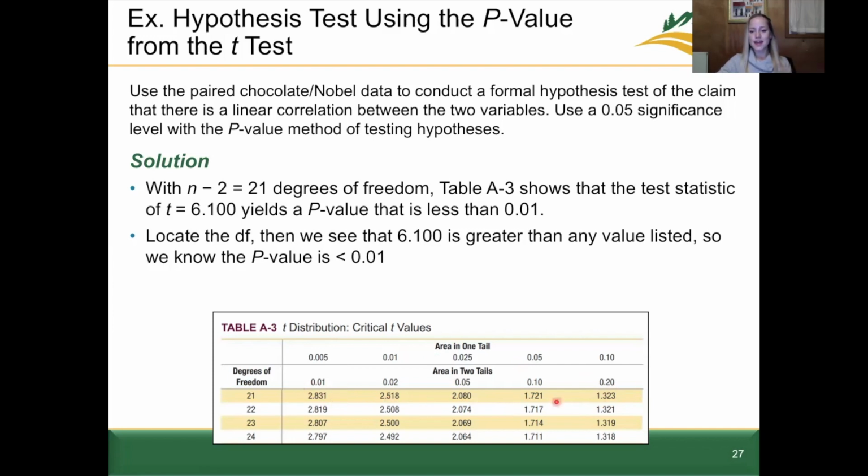What we can see is the t-values are increasing as the p-values are decreasing. That means a t-value of 6.100 will have a p-value that's less than 0.01. So from this table, we cannot calculate our exact p-value, but we can interpret that it's definitely less than 0.01. And the area I'm looking at again is this portion here in the table.